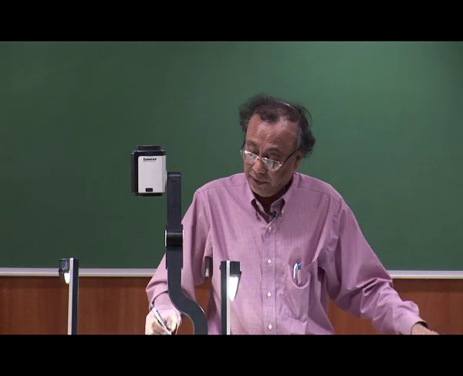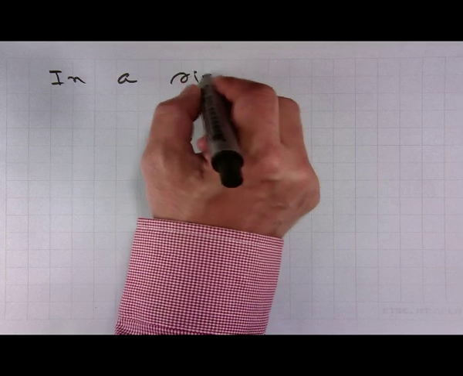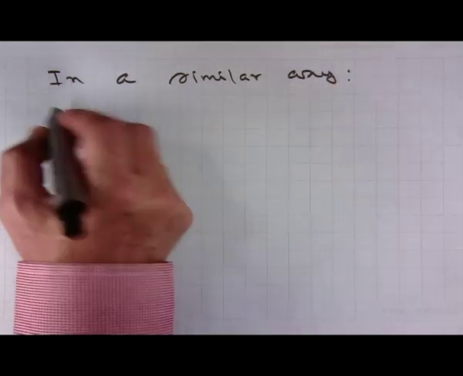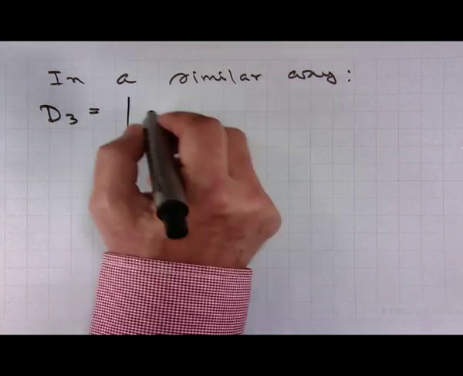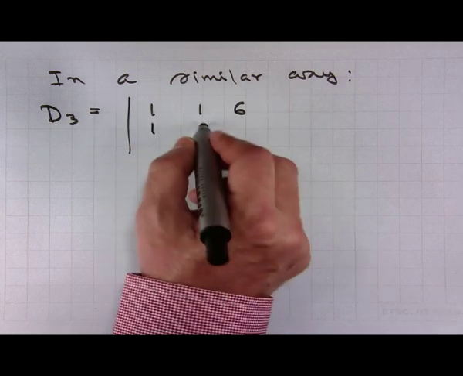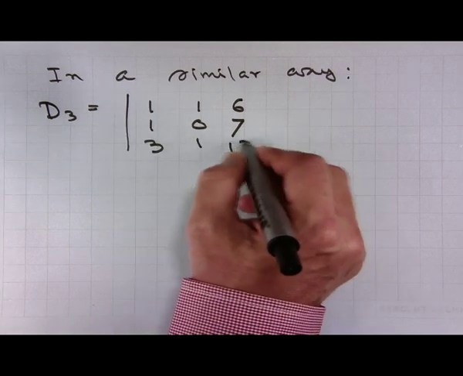In a similar way, D3 is equal to determinant of 1 1 6, 1 0 7, 3 1 12.